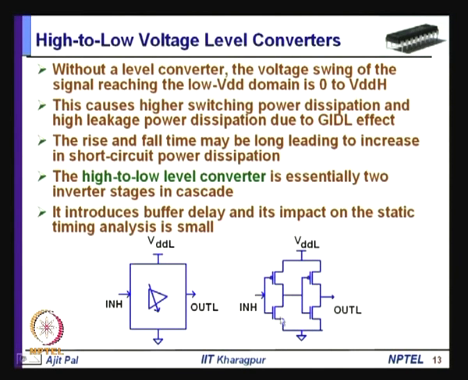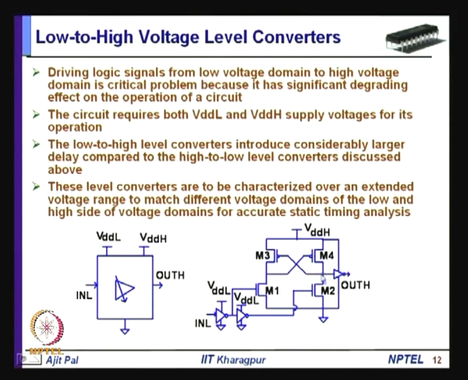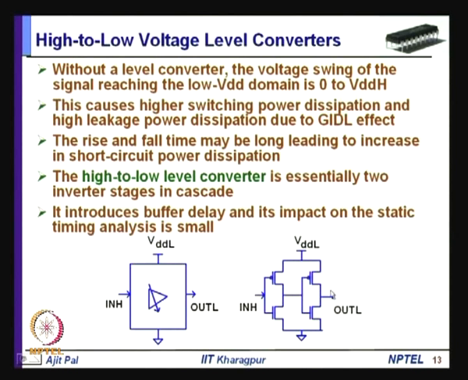In this particular case the circuit is quite simple, so static timing analysis is simpler compared to the previous case where the circuit is more complicated. However, it introduces buffer delay, and its impact on static timing analysis is small compared to the previous case.